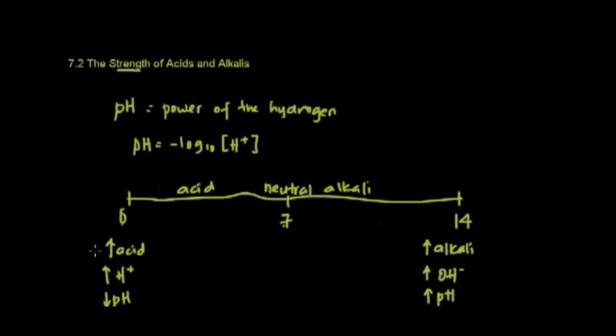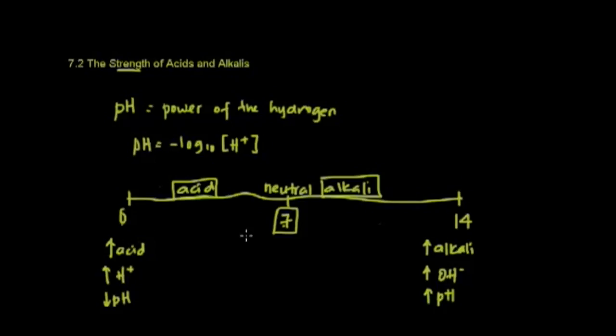Yep. So let's conclude this. pH 7 is neutral. Whatever is below neutral is acidic, and whatever is above neutral is alkaline. And let's go down first. The lower the pH value, the more acidic the solution is, and therefore it has more hydrogen ion.